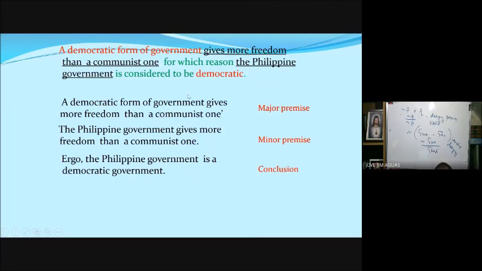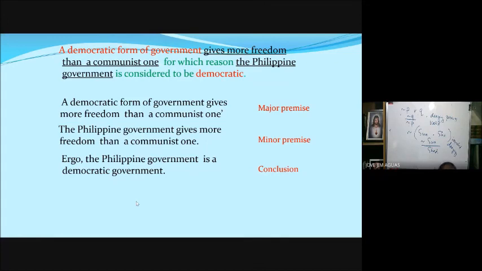By rewriting the enthymeme like this, we can now analyze if this is a valid argument by applying the rules. So that's how we analyze an argument, whether this kind of enthymeme is a valid argument or not.